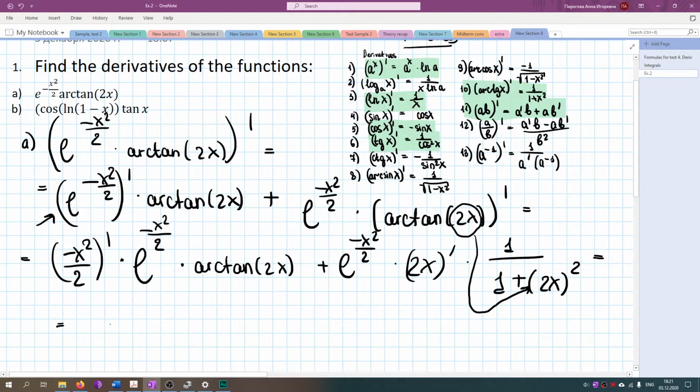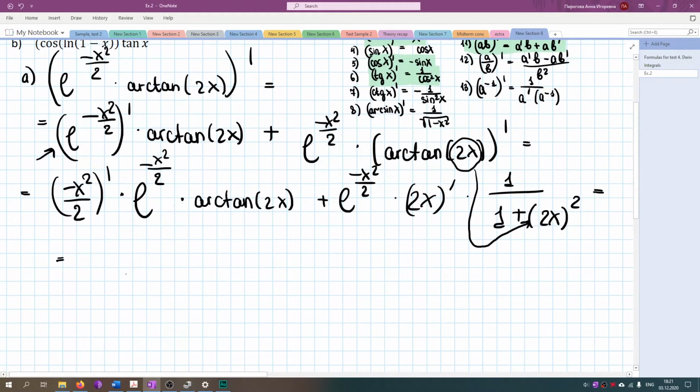Now let's simplify what we have here. If we take the derivative of the function minus x squared divided by 2, we will get minus 2x divided by 2. Then we will multiply it by e to the power of minus x squared divided by 2 and by arctangent of 2x.